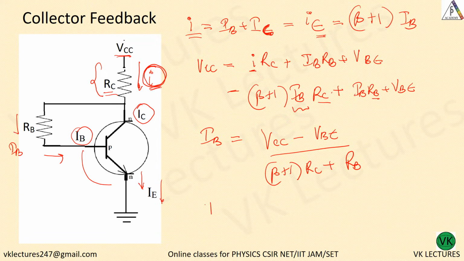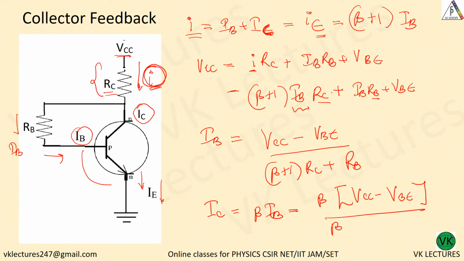Now we can find out IC. IC is equal to beta times IB. So what is that equal to? Beta into VCC minus VBE divided by beta plus 1 into RC plus RB. Here also, beta being very large, RB can be neglected.